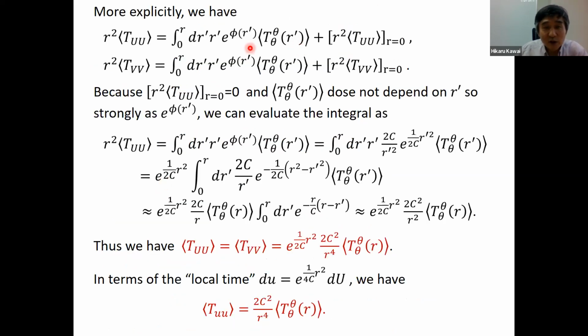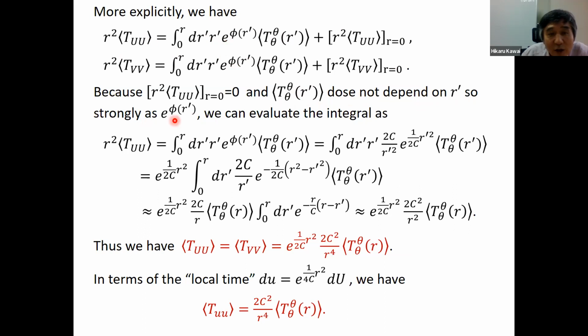This is the expression. Also T_VV can be expressed by the integral of T theta theta with this weight, and this one is just a boundary value at r equals 0. Assuming that T_UU and T_VV are not so singular, we simply set them to 0.